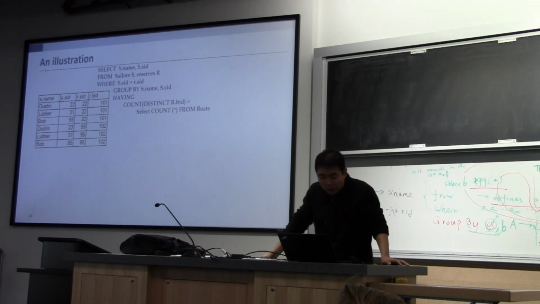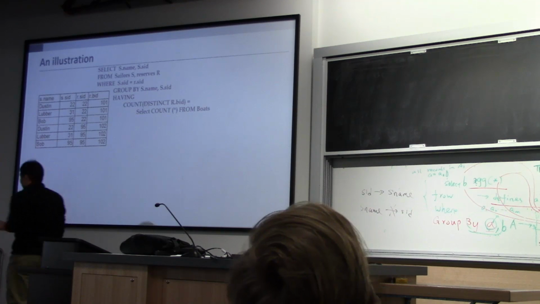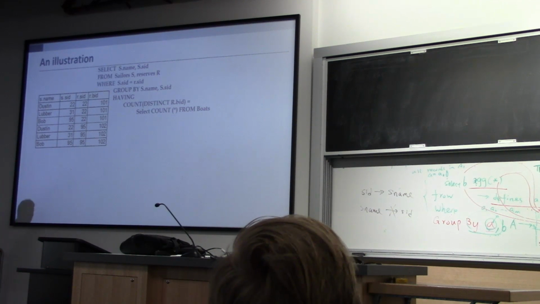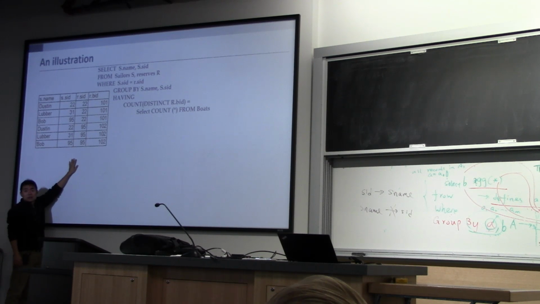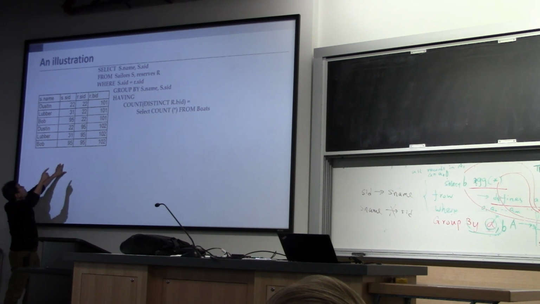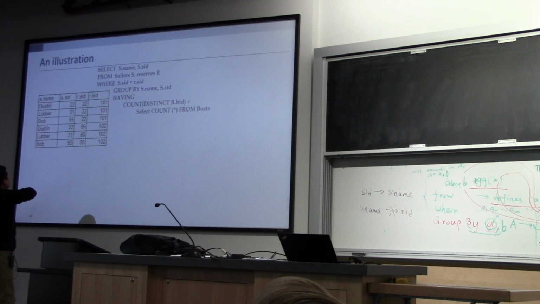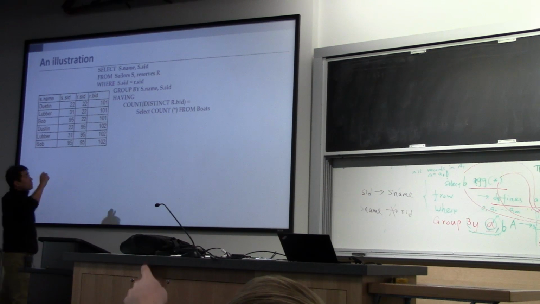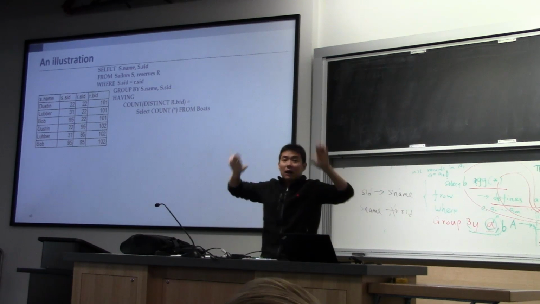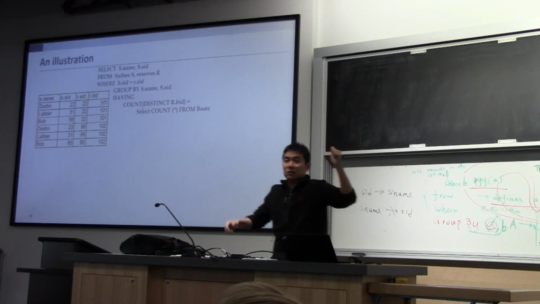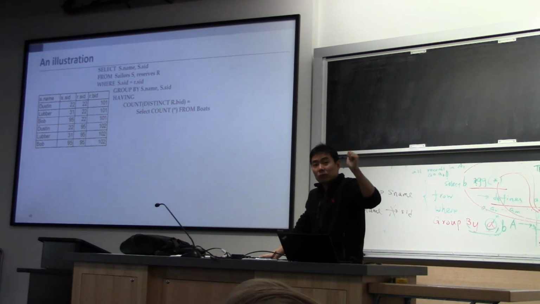Now, let's put all this together and look at an illustration, using our simple example. So this is my cross product. It's the cross product between sailors and reserves, while removing unnecessary attributes such as sailor age and reservation date.